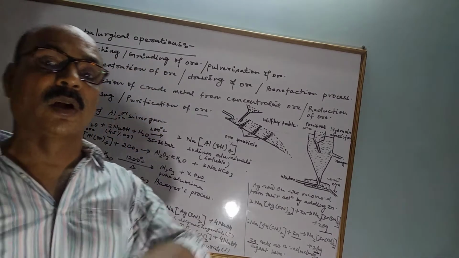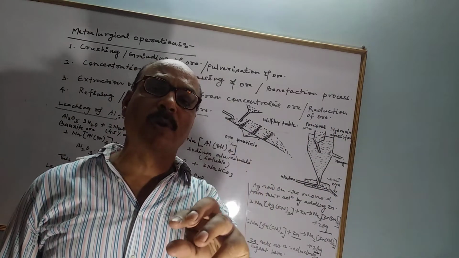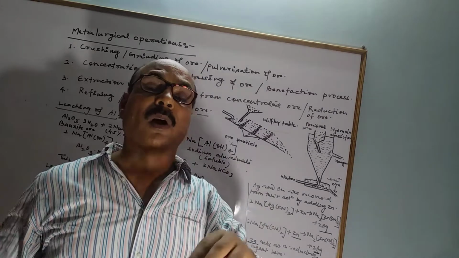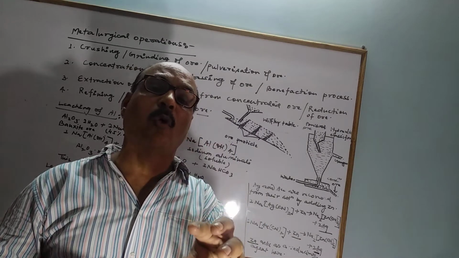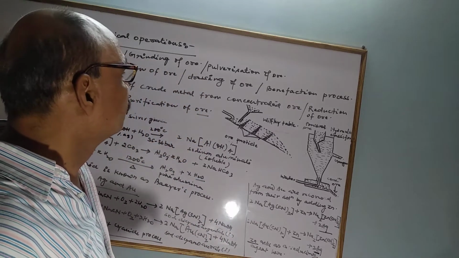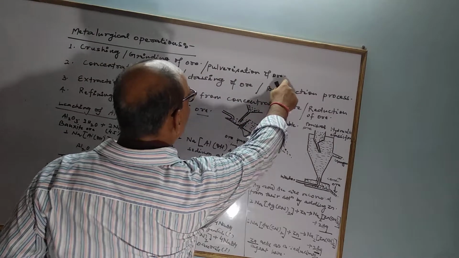So first is the crushing of ore, that means lumps of ore are broken into small pieces, and then we have pulverization, the conversion of small pieces of ore into fine powder. So that is why I have written pulverization of ore.